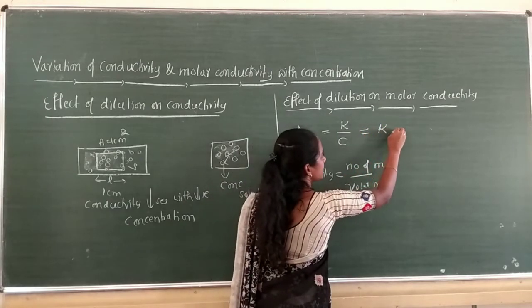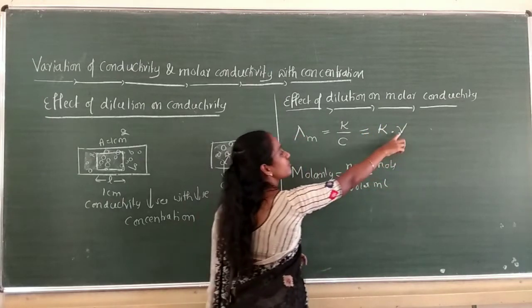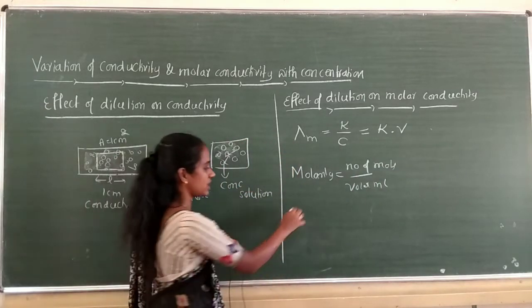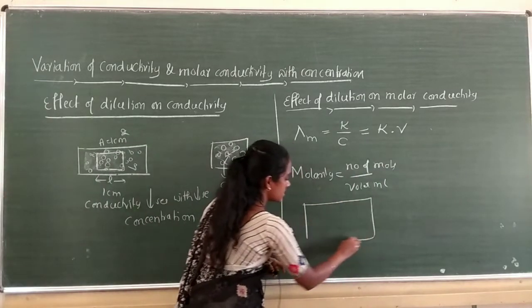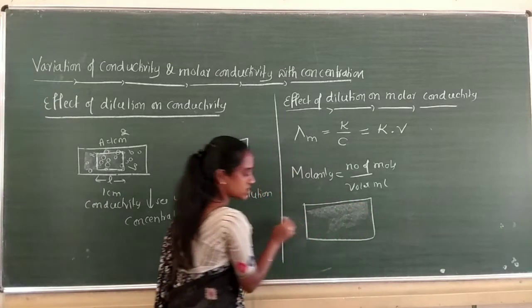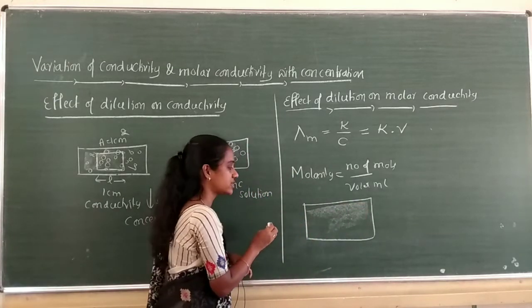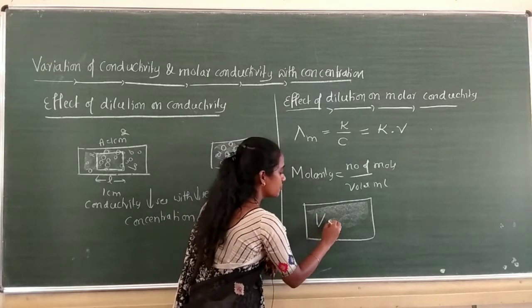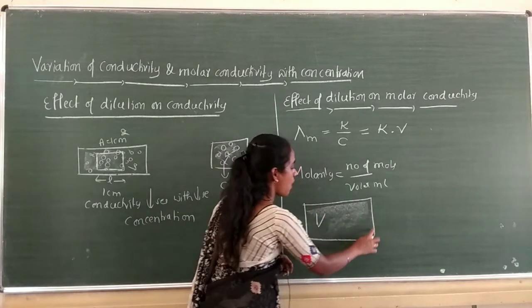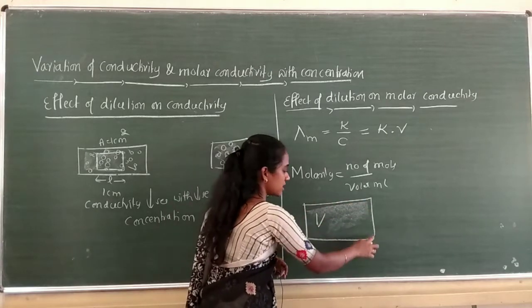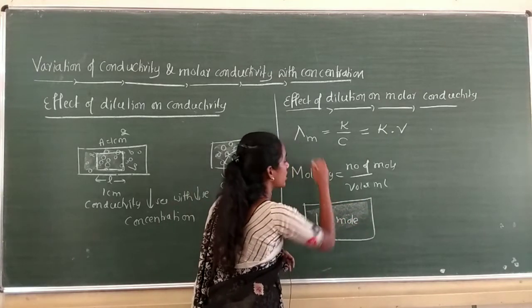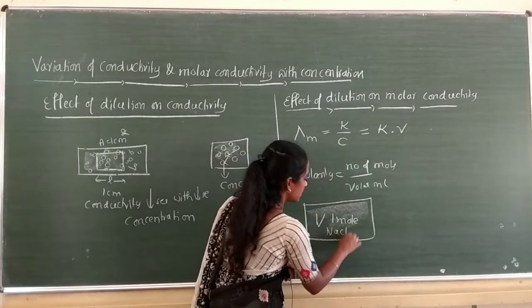I can write it like this: K into V, where V is the volume of the solution containing 1 mole of the electrolyte. Let us consider this is an electrolytic solution with the volume V. So this is volume V of a solution containing 1 mole of electrolyte, because we are talking about molar conductivity.